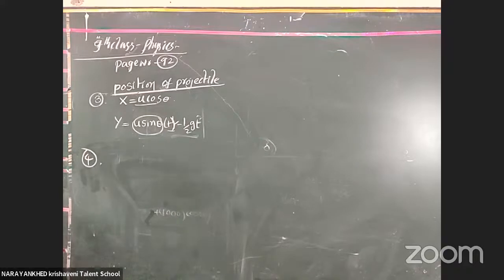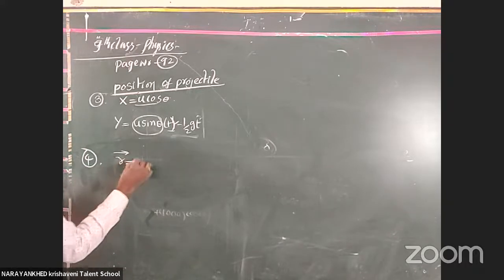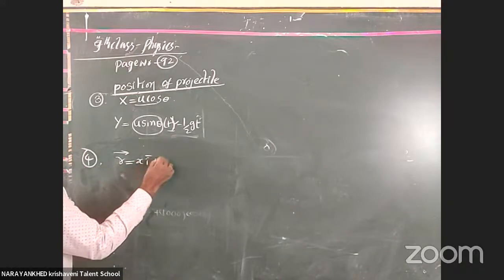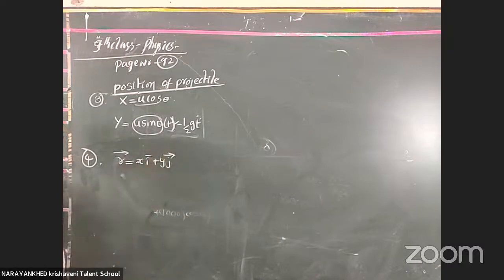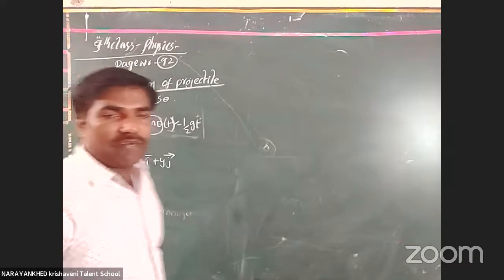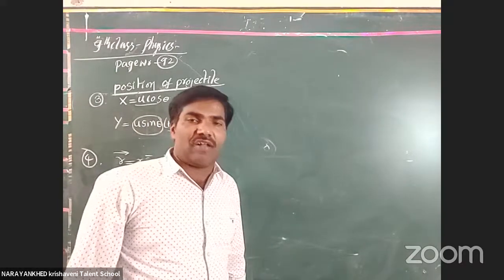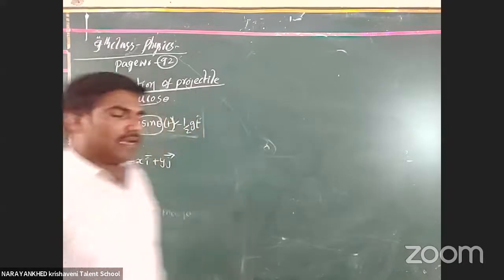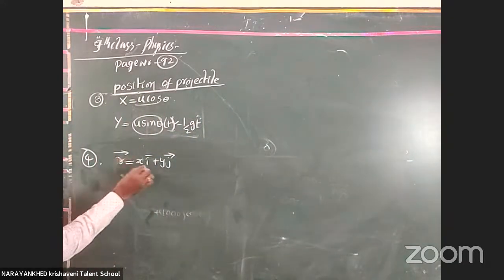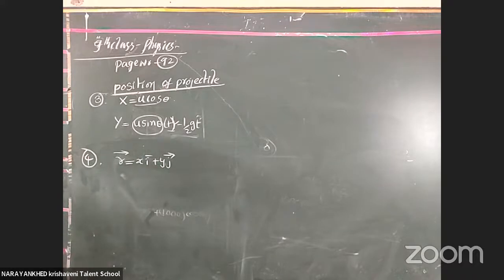Now, all the students, the position vector in our coordinate system we indicate with r is equal to x i bar plus y j bar for two dimensions. Got it or not? Why? Because velocity is a vector in two-dimensional motion, so the direction is also important. That is why we take r bar is equal to x i plus y j bar.